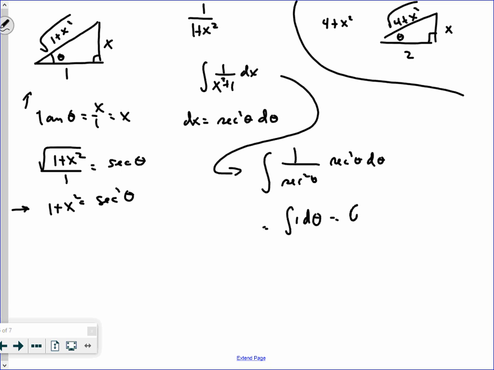That's going to be theta plus a constant. Clean that up a little bit. Secant squareds, one on top, one on the bottom, they cancel. Okay, so it's just the integral of 1 d theta, theta plus constant. Okay. Well, we started out with x, not with theta.